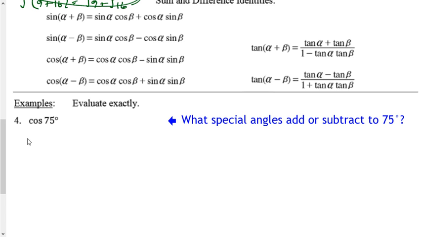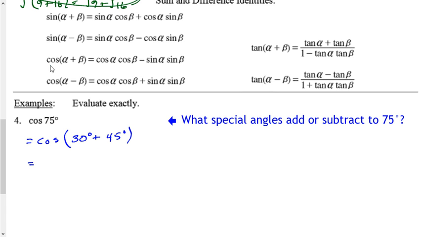So I could say, well, let's see, 75 degrees is the same as 30 degrees plus 45 degrees. Both of these are special angles. So I could find the value of cos 30 or of cos 45. But I can't just find the value of each of them separately. I have to look at this and say I have a cosine function and I'm adding.